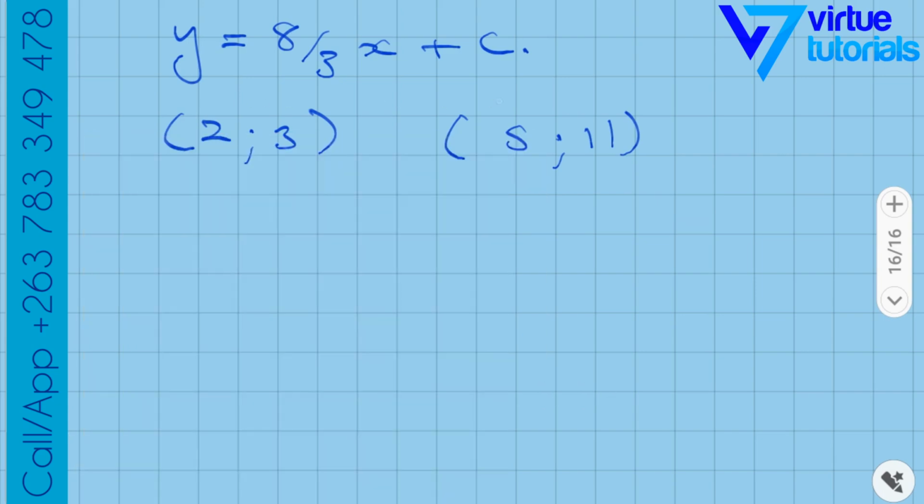So I can pick the first one, right? This is the pair of coordinates, and it will have an x value and a y value, right? 2 is the x value and 3 is the y value. So what I do is I go to the equation, substitute x with 2 and substitute y with 3.